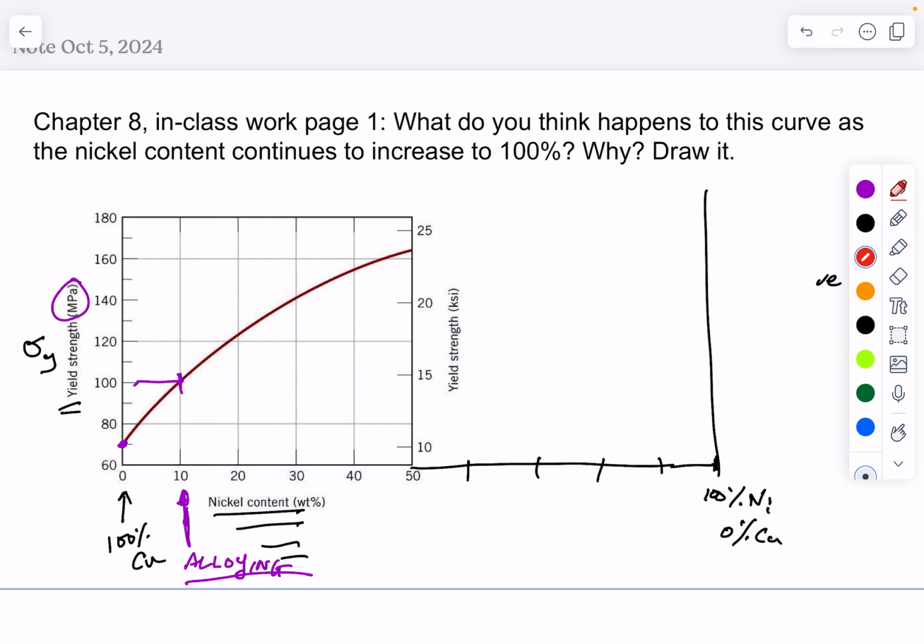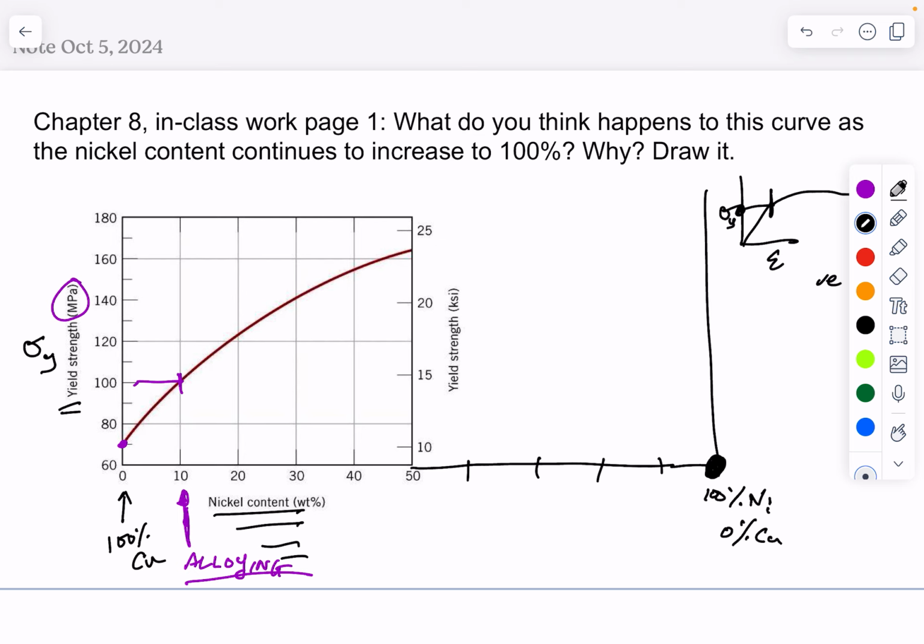Where I'd like you to think about it is from the perspective of pure nickel. Pure nickel is going to have a yield strength. Remember the yield strength is on the stress-strain plot, the linear portion, and it deviates from linearity at the yield strength. So pure nickel will have some sort of yield strength.